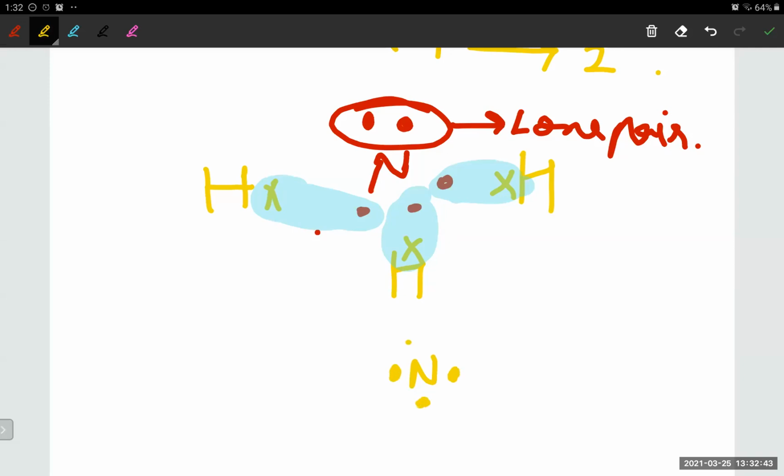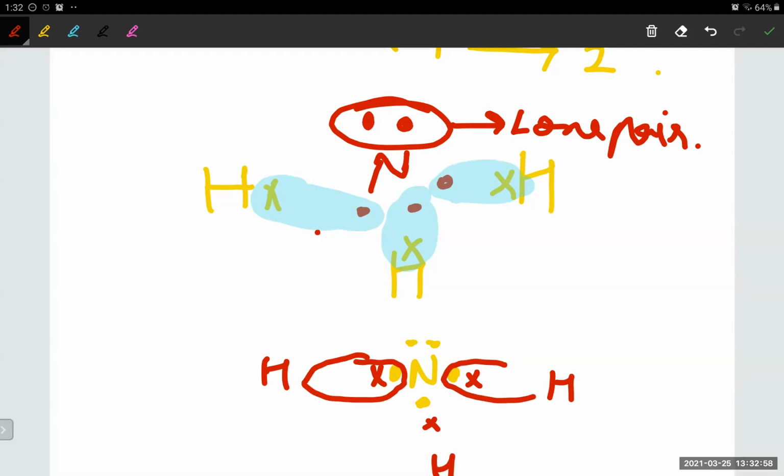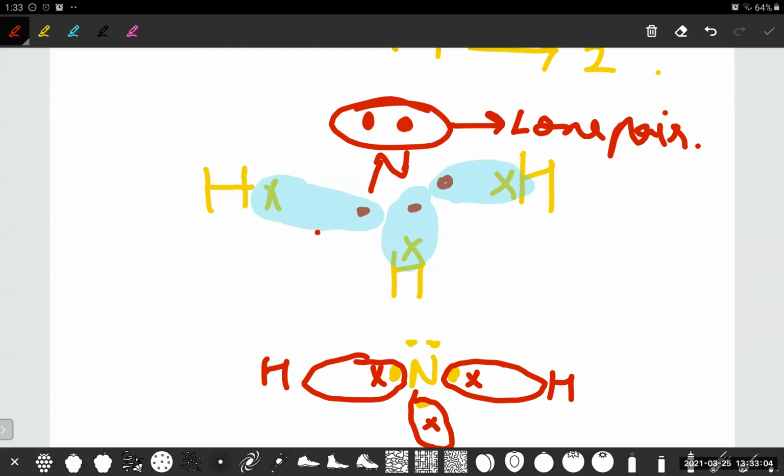I'll just make the diagram again. Hydrogen is so far away, but it has bonded. Somehow it has arranged to bond.